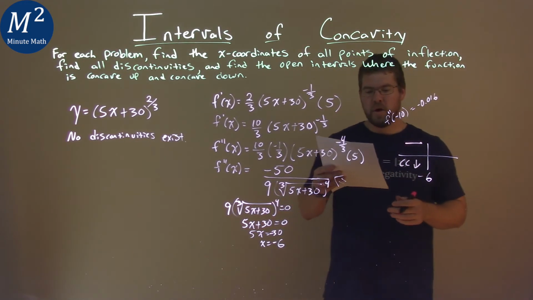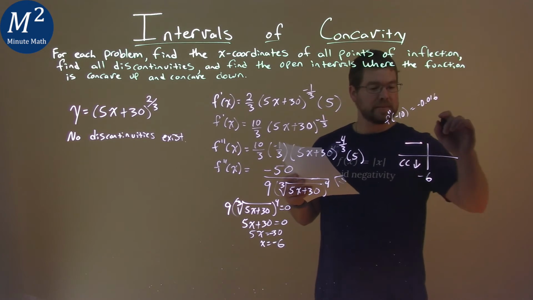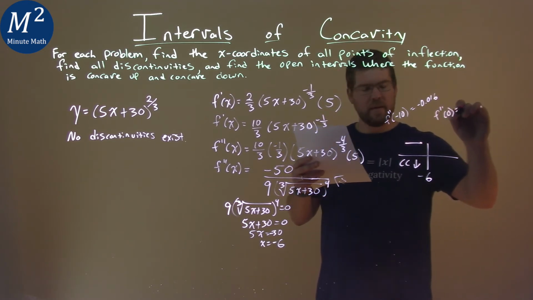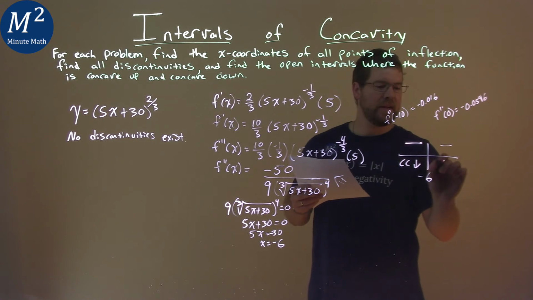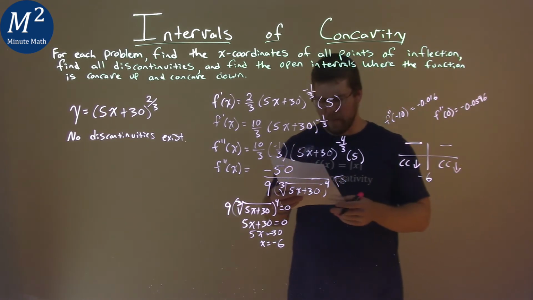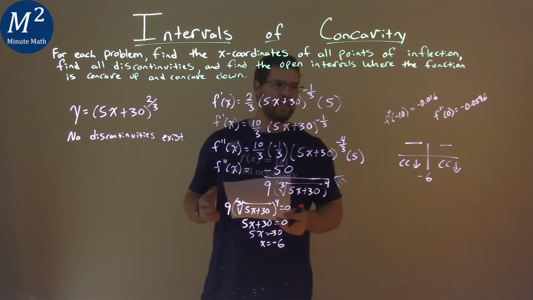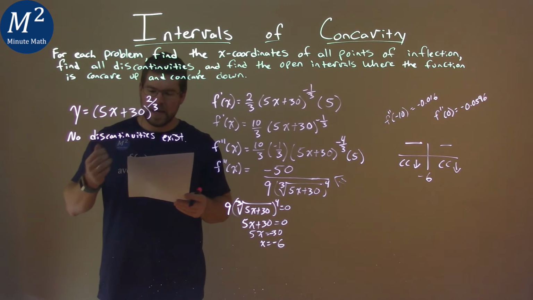Now from there, I had to find a value that's greater than negative 6, so I picked 0 here, and f double prime of 0 came out to be negative 0.0596. I just care that it's negative, and again, concave down. So what happens here? We have concave down on both sides of negative 6, so we don't actually have an inflection point.